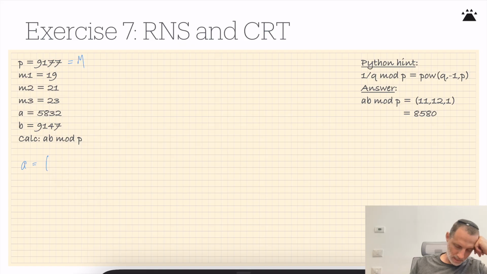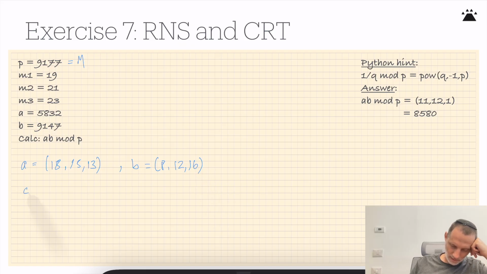And then B, similarly, is 8, 12, 16. And then C, which is equal to A times B, you could compute yourself.